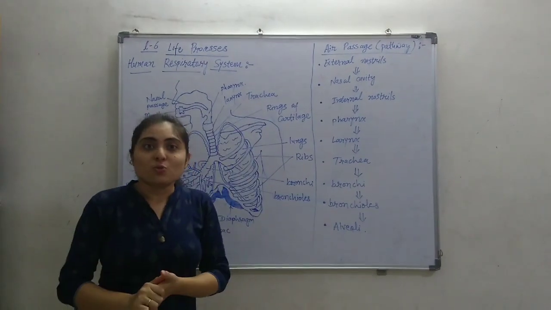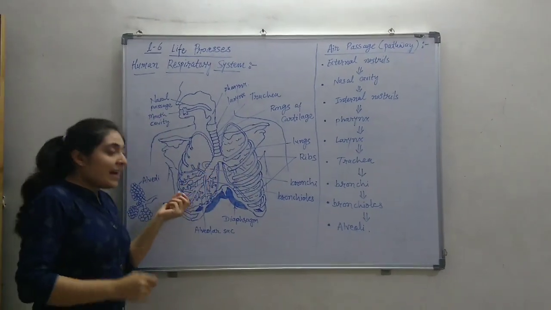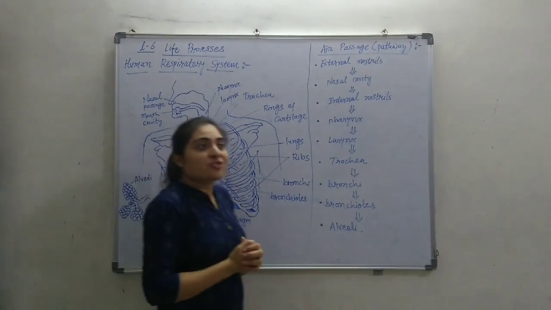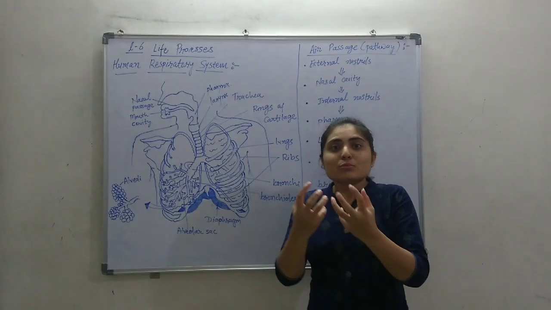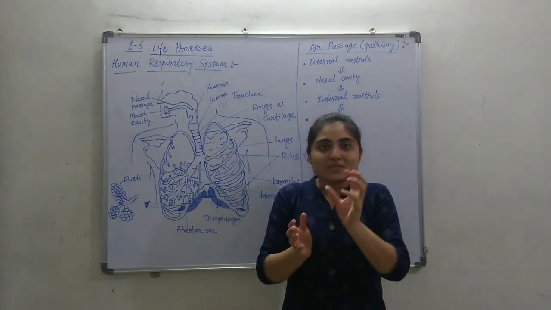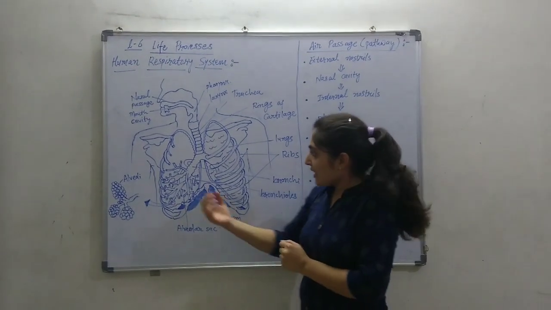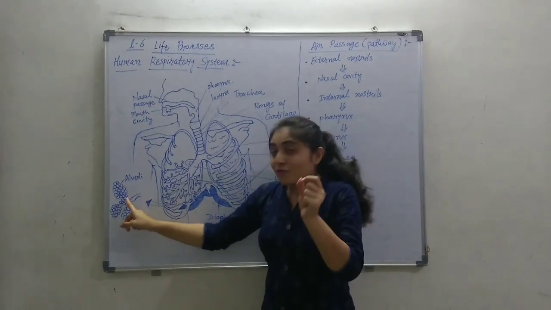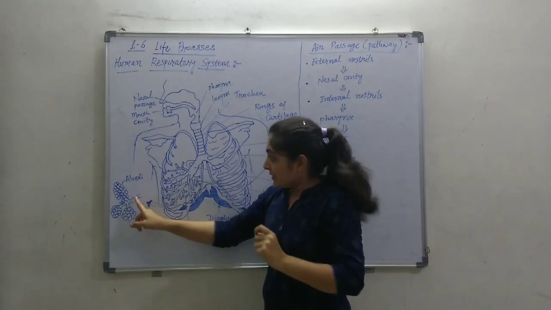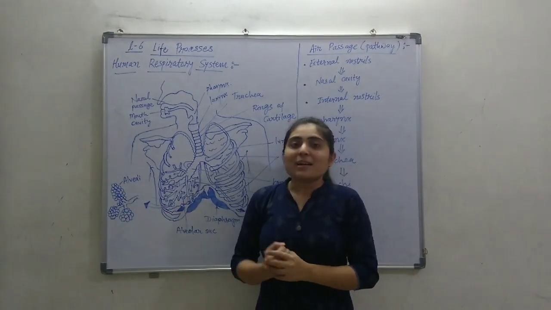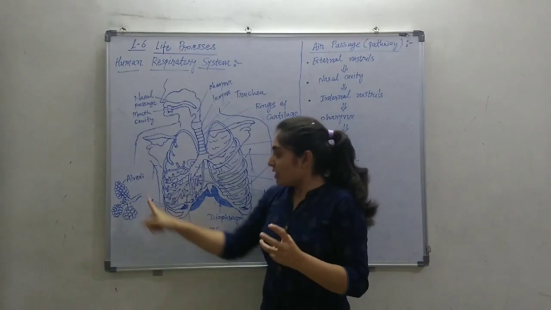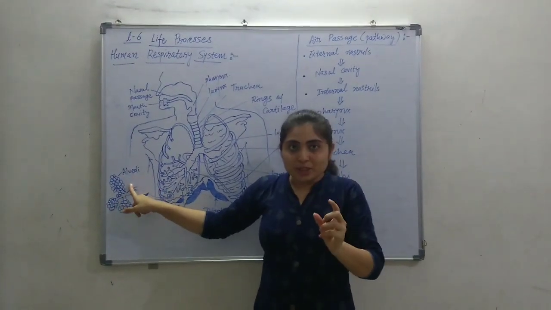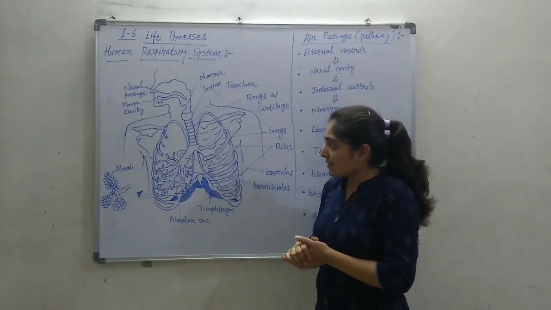At the end of the bronchioles, a cluster of bag-like structures is present, as you can see in the figure. This cluster of bags is called alveolar sacs, and each bag is called an alveolus. So this is the whole system.